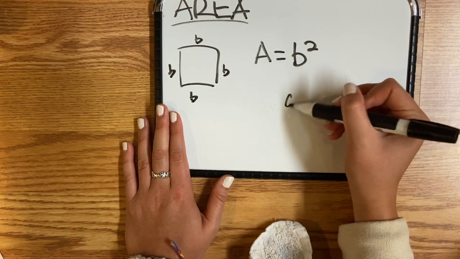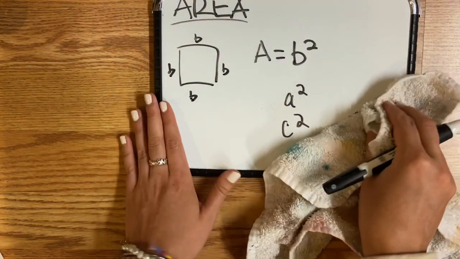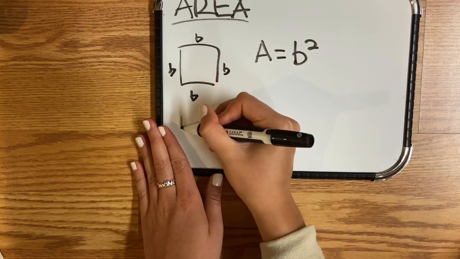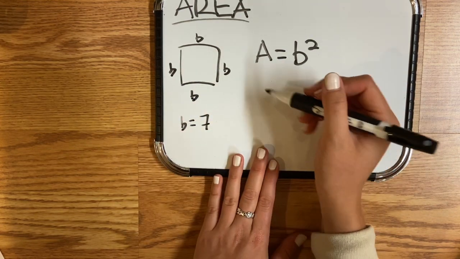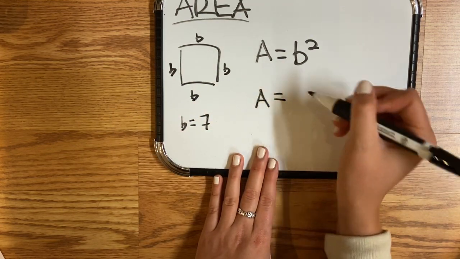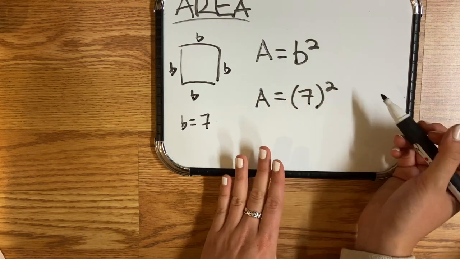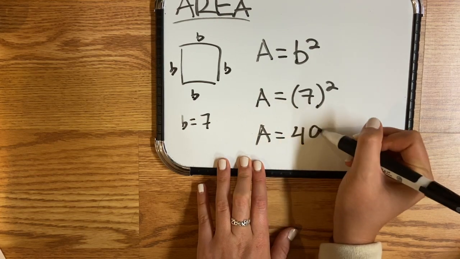It could be a squared, c squared, d squared, but I like to call it b for base. So let's say in this problem b equals 7. Well, our area is 7 squared. And that's just 7 times 7, which is 49.